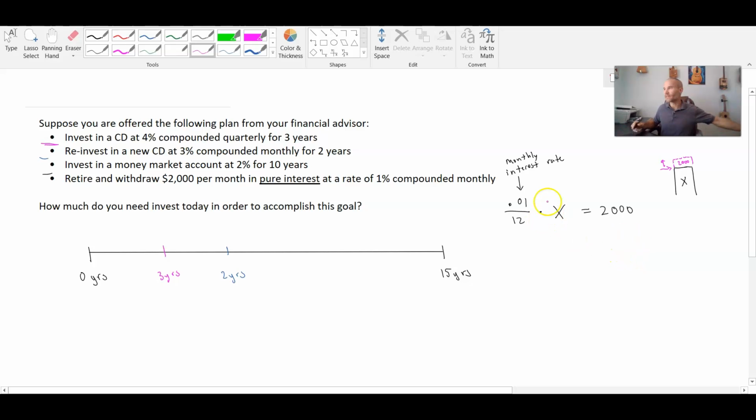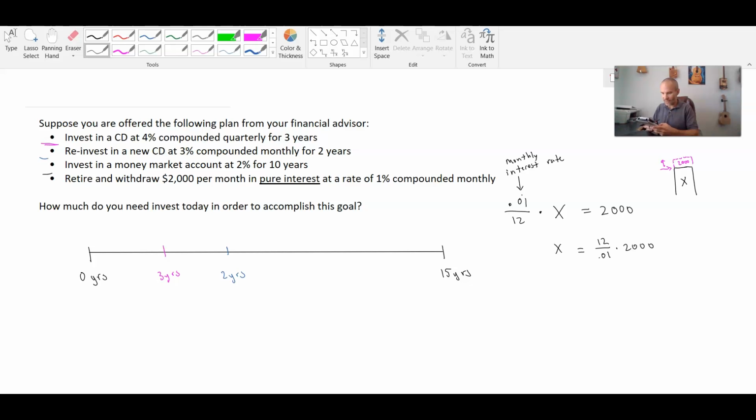So if I solve this equation, in other words, if I take X and now I solve for X, dividing both sides by 0.01 divided by 12 is the same thing as multiplying both sides by 12 over 0.01.